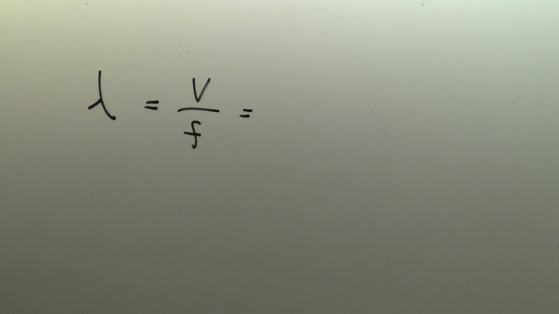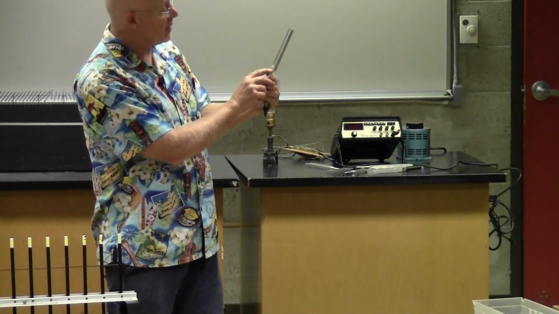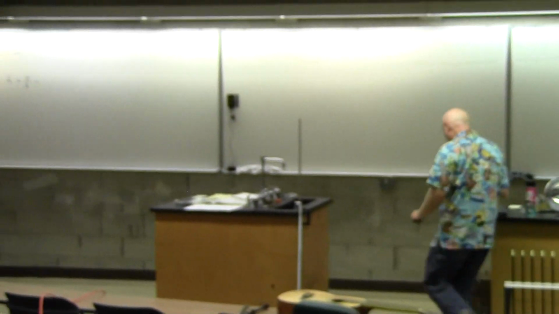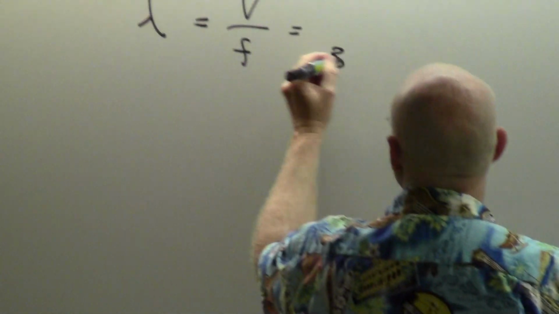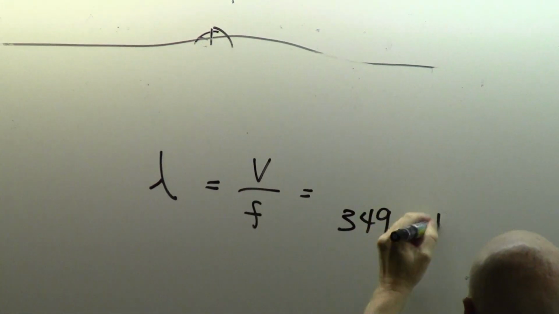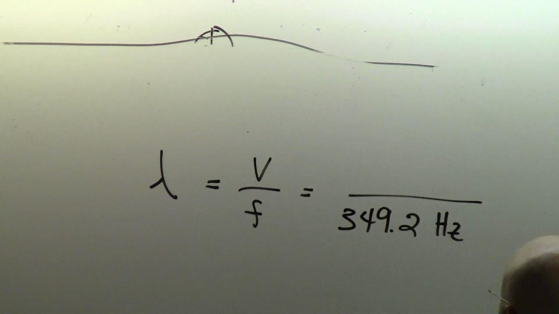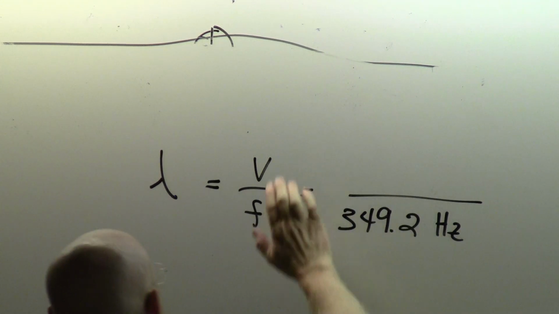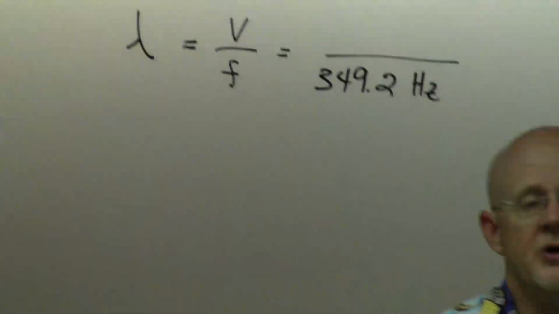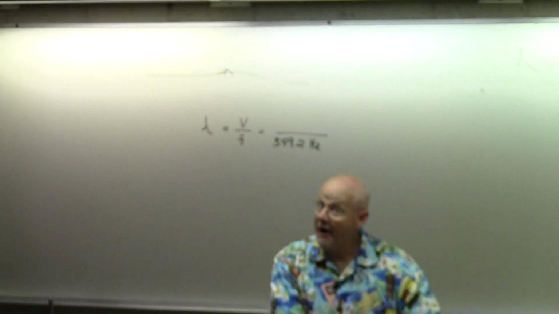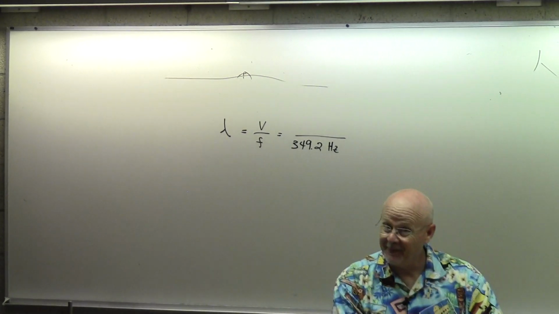Now, just to remind you, we do know something about the note F. I'll hold it up again here. The frequency is 349.2 hertz. So, knowing that 349.2 hertz is its frequency, and noting that when I produce the sound, most likely we're talking about the sound in air at room temperature.